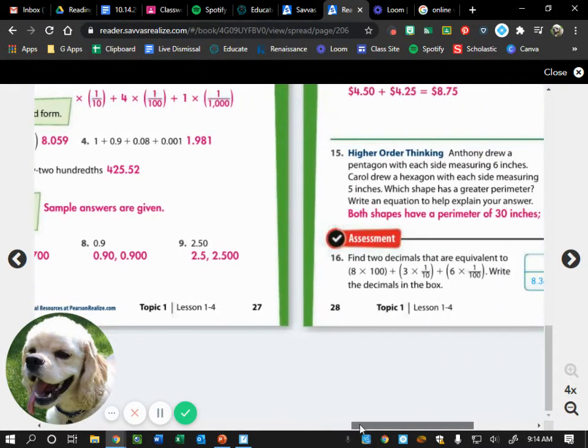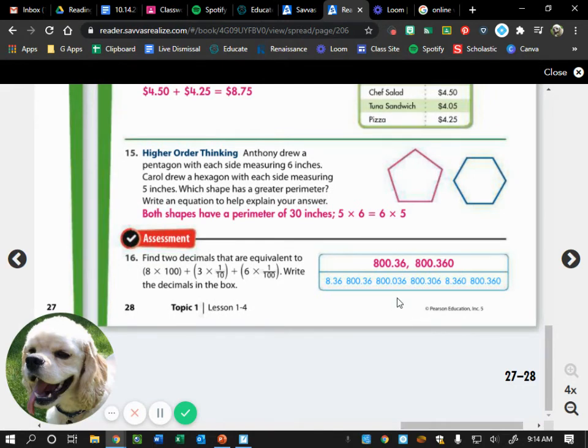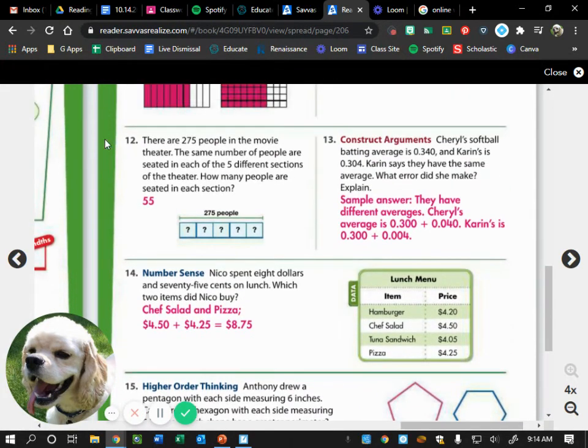All right, and then on page 28, we had number 12 and number 16. So number 12 said there are 275 people in the movie theater. The same number of people are seated in each of the 5 different sections of the theater. How many people are seated in each section? Well, there are 275 people total, 5 different sections, so we would take 275 and divide it by 5, which would get us 55.